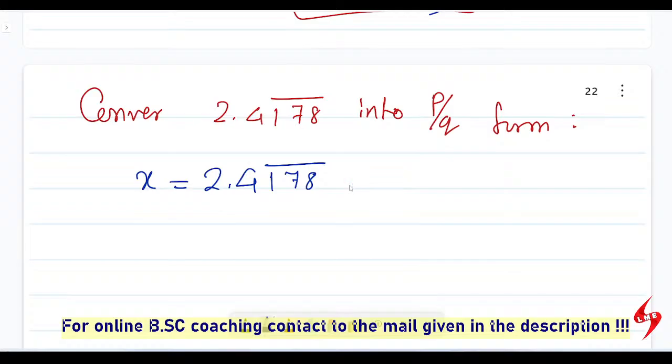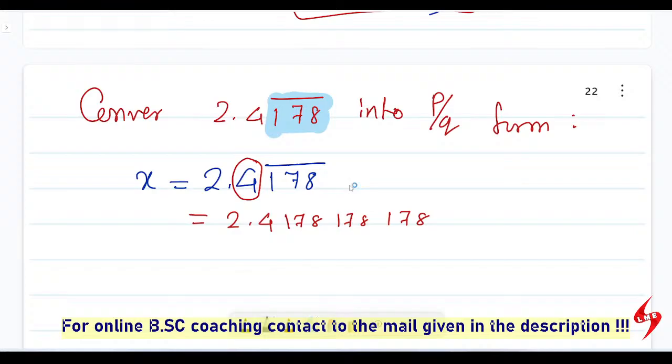This 4 is not under the bar because it is not repeating. If it repeats, the number will be shown like 2.4178, again 178, again 178, because the 178 is the repeating portion. So after the decimal on the right side, you have to put only the repeating portion.